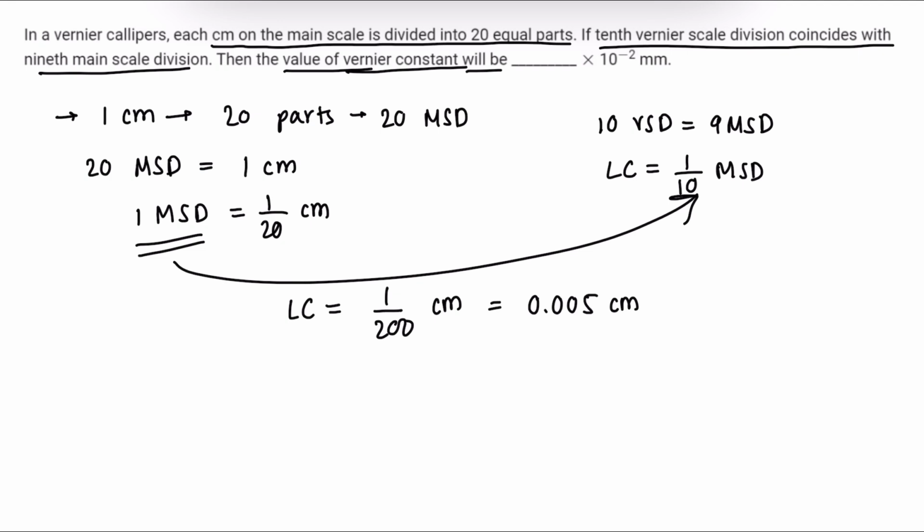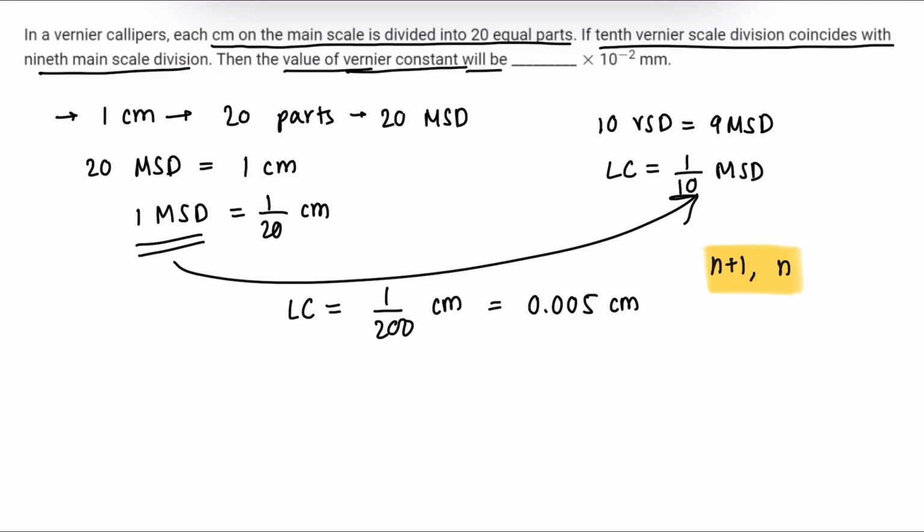And obviously from this, as we've discussed before, when the number of Vernier scale divisions coinciding with the number of main scale divisions are in the form of n+1 and n, the Vernier constant is the same thing as the least count, that we can directly find by MSD minus VSD.